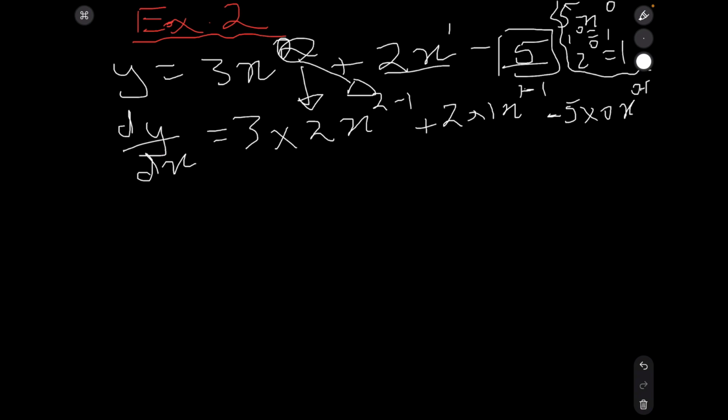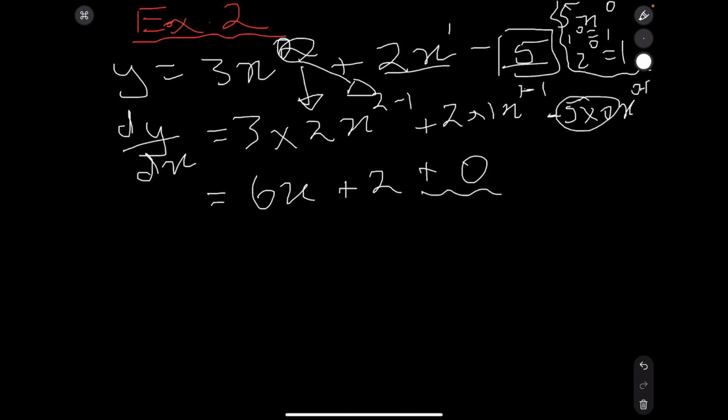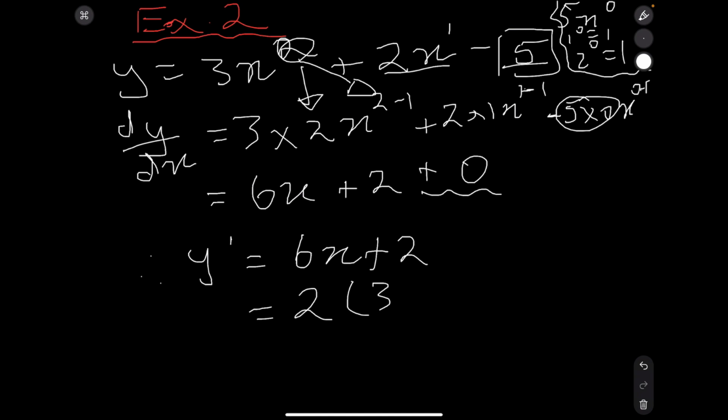So this is further simplified as 6x plus 2 and then plus 0, because there's nothing there, since it's multiplied by 0. Therefore the first derivative equals 6x plus 2. But if you want to simplify it further, we can take a common factor of 2 out, which gives 2 times, in brackets, 3x plus 1.